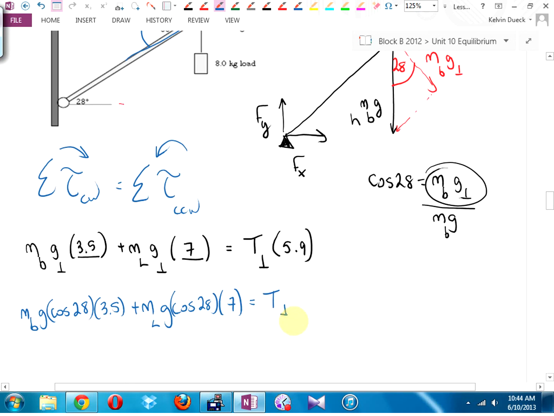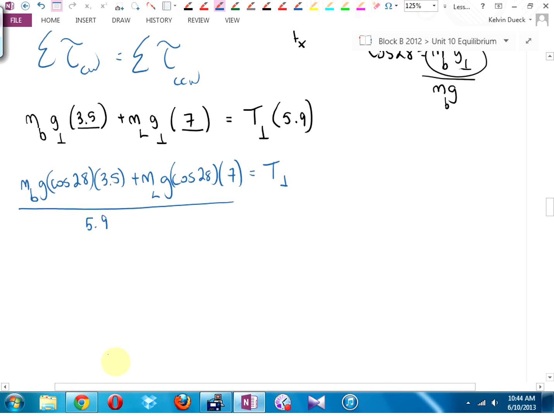And how would I get the tension perpendicular by itself? Can I do that on this line? Because now it's going to be plug and chug. I've scrolled down. What was the mass of the beam according to the question?